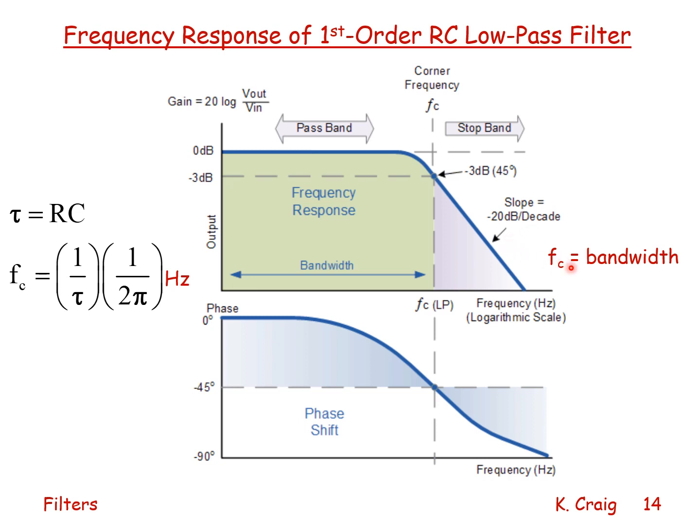The bandwidth is defined by the point f sub c, which is the cutoff frequency. It's the frequency at which the amplitude ratio drops minus 3 dB, or 0.707, of the low frequency value.